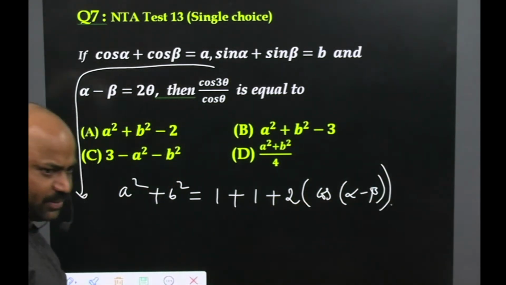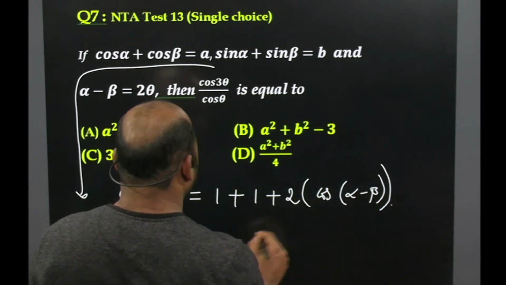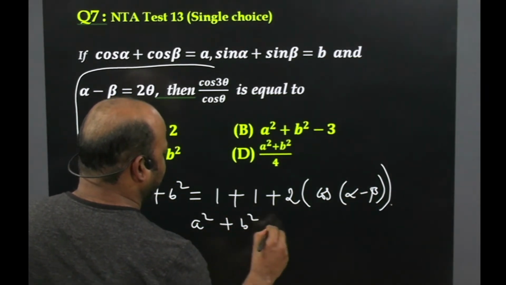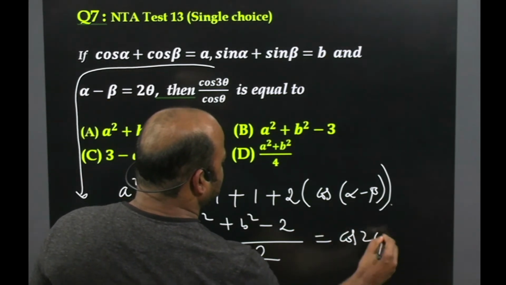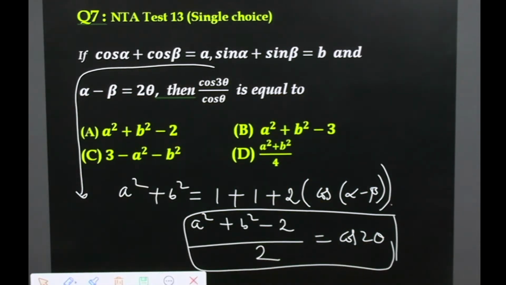That's it, what we will get. Clear? But they gave it as 2 theta, na? So indirectly I'll get it as a square plus b square minus 2 by 2 is equal to cos 2 theta. Remember that. That's cos 2 theta.